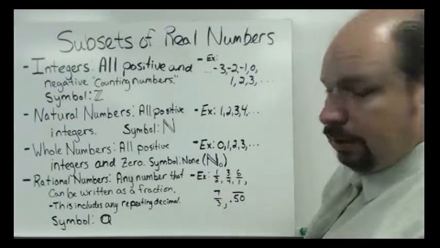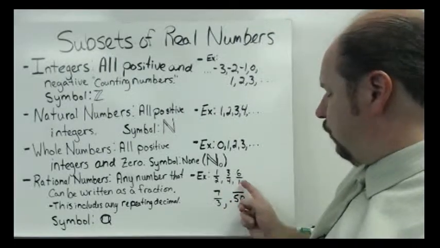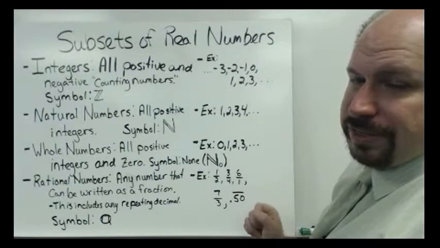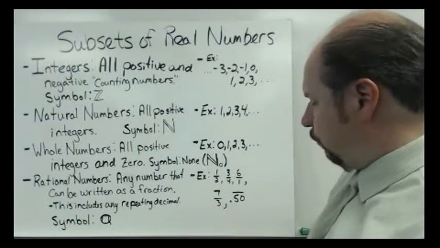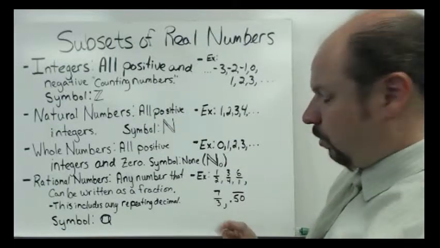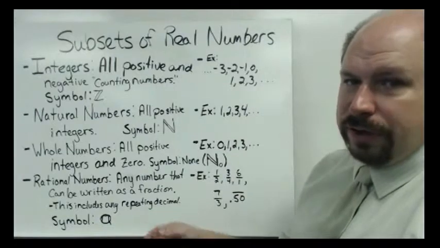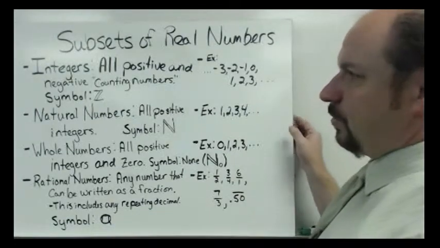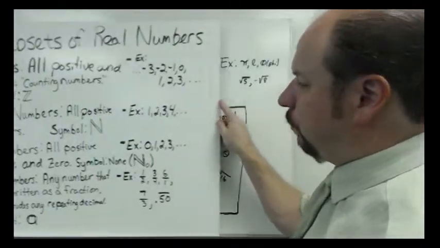However, we can show some examples. So 1/2, 3/4, 6/1. Notice that 6/1, any whole number can be written as a fraction over 1, so it's a rational number also. 7/3, 0.50 repeating, 0.505050, and so on. That is a rational number also, because we could write this as a fraction if we wanted to.